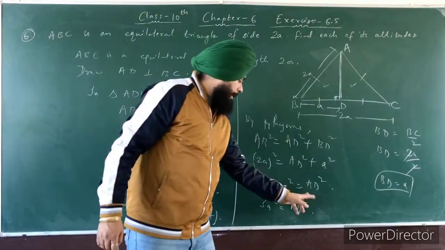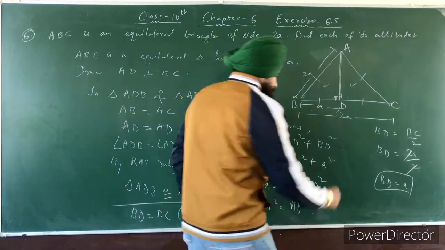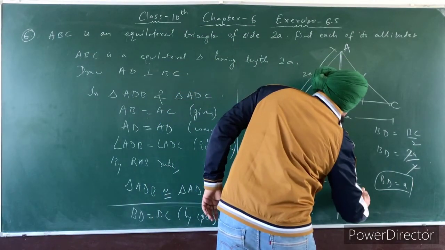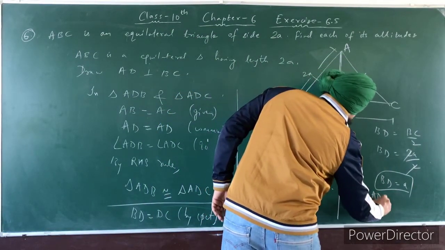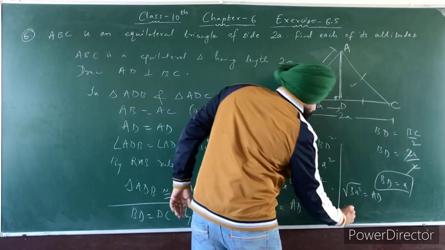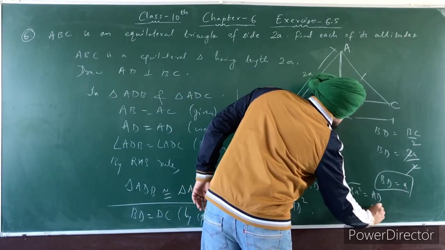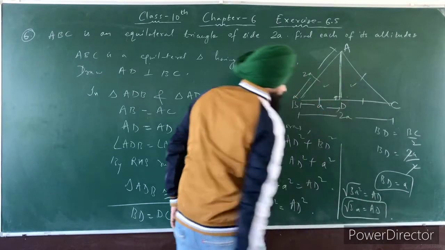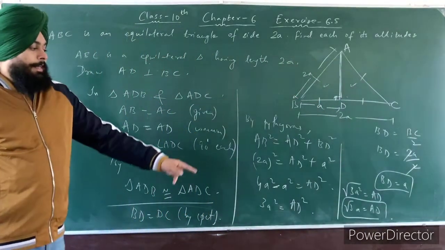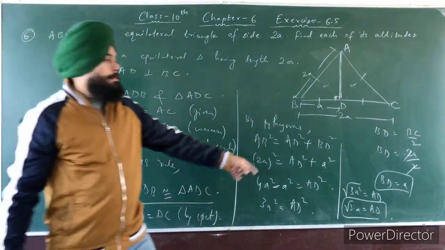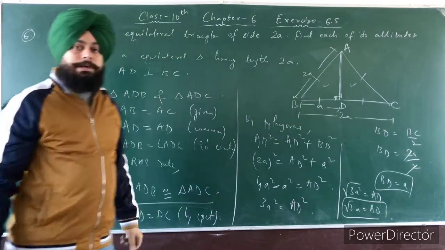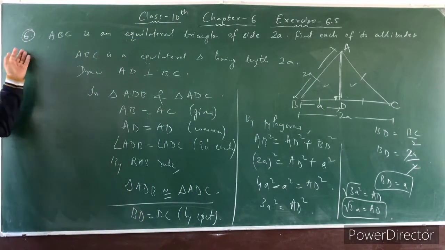Now take the square on the left hand side, which will become square root. Root 3a square is equal to AD, and it is root 3 a. So AD is root 3 a, which is the altitude of this equilateral triangle. This is your question number 6.